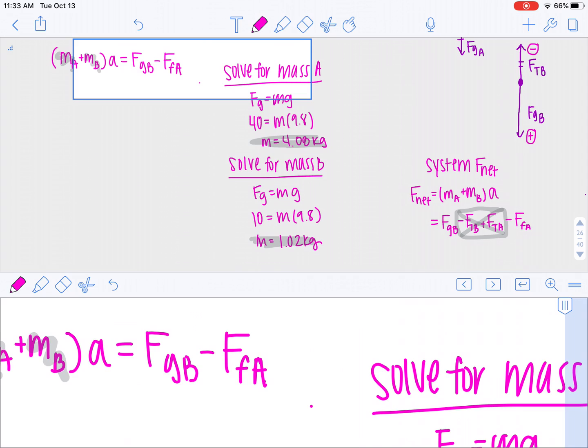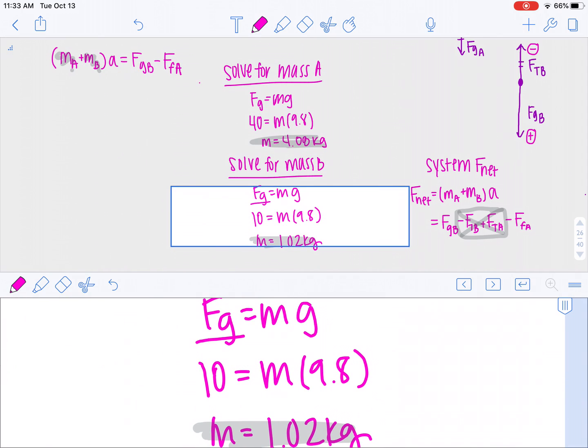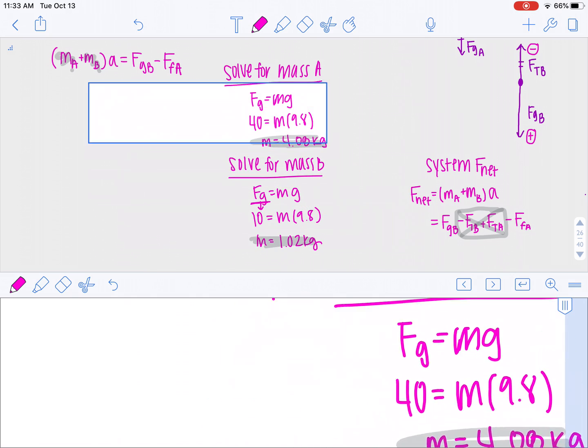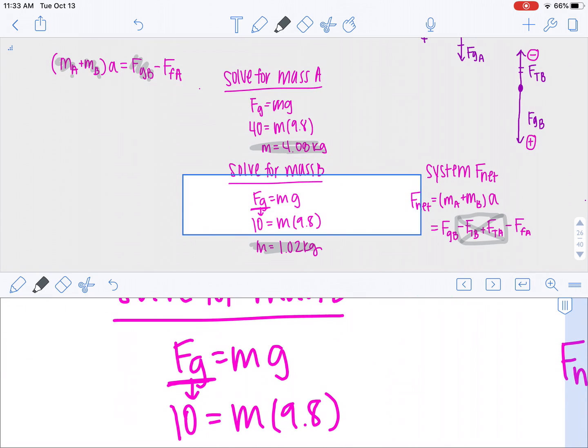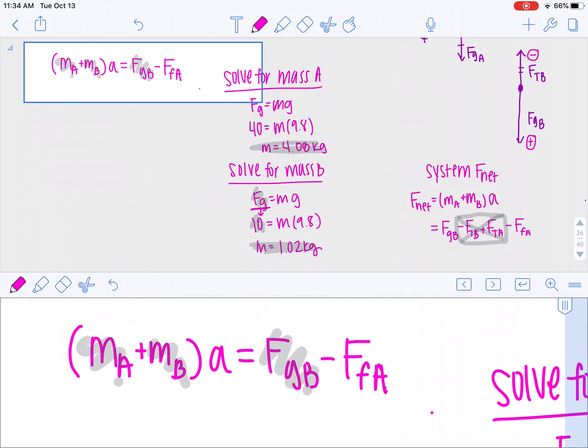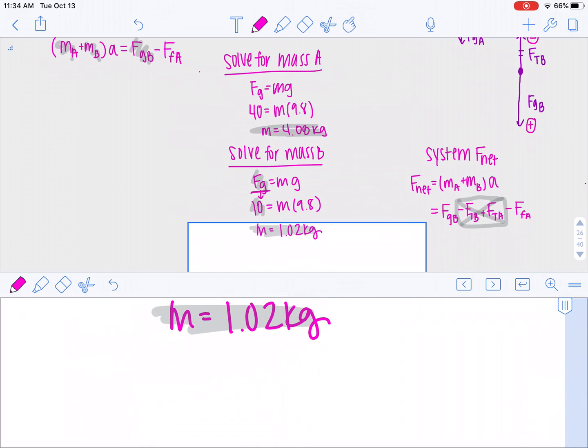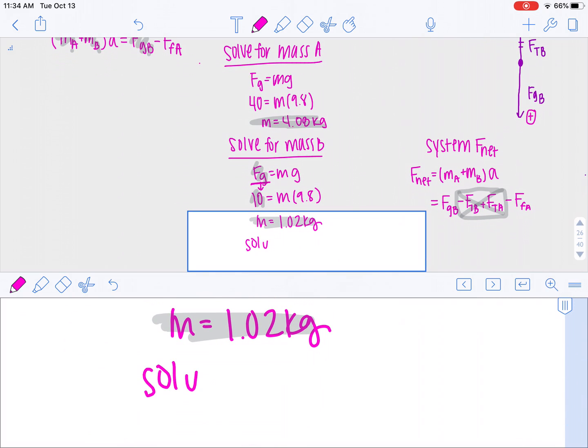Oh wait, I was given FGB because look, I was given the force of gravity, the weight of B. So I actually do know this. This was given to me in the prompt. What was not given to me was this force of friction. So I'm going to need to solve for the force of friction.